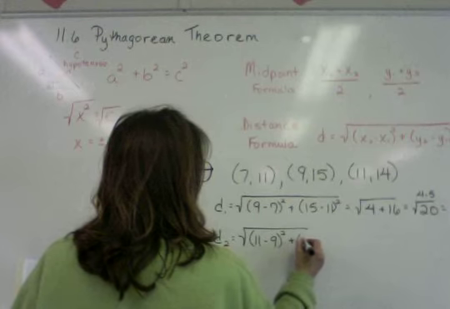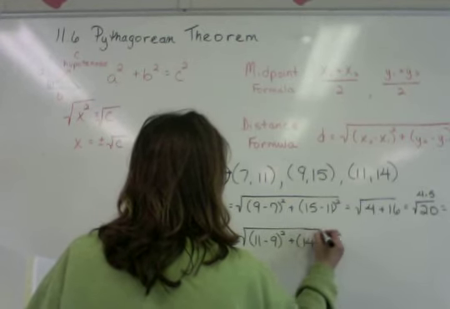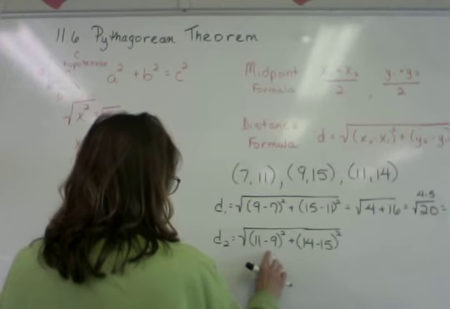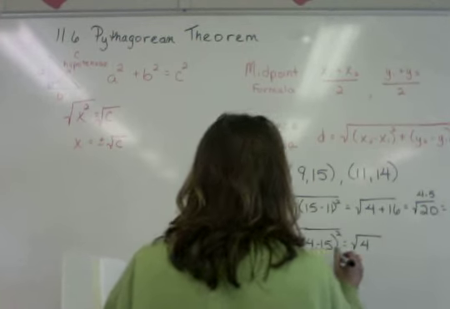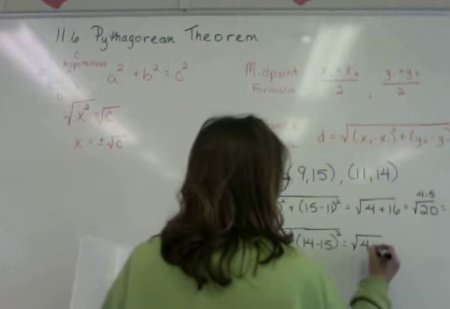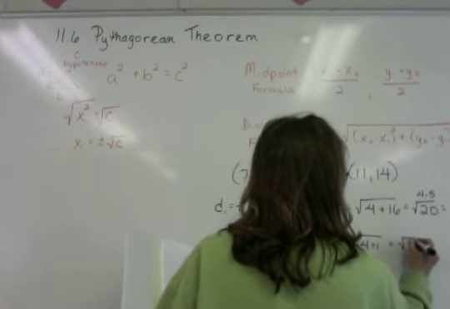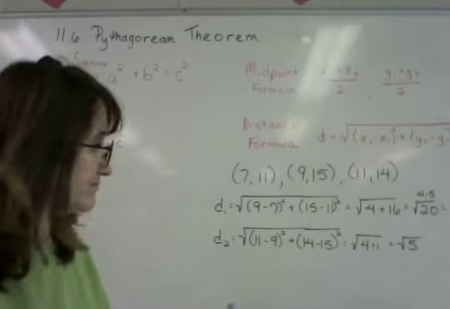Then we'll have 14 minus 15, then we're going to square it. This one is going to be a little bit easier. That's going to be a 2, right? And then I'm going to square it, so that's 4. This one's easy because it's going to be a 1, and then I square it, so it's a 1. So my distance for that one, and I don't have to break it down or simplify it anymore, is simply going to be a radical of 5.